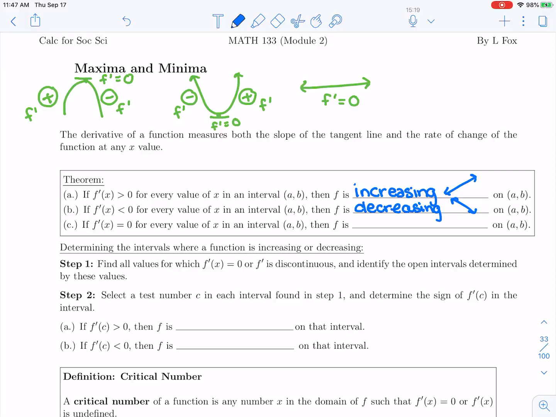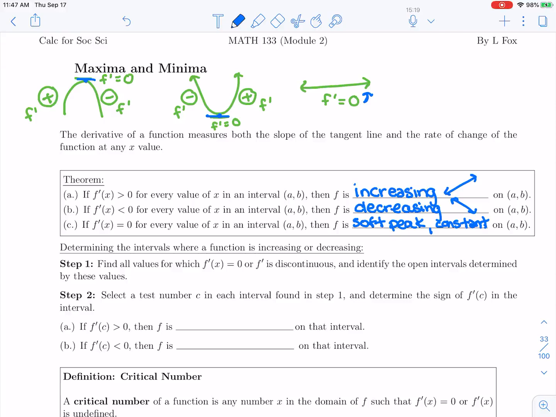The last option is if the slope is 0. Well, we just saw 3 different ways that 0 could look like. It could look like the top of a soft peak would have a derivative of 0, the bottom of a soft peak, or a flat line would have a derivative of 0. So if the derivative is 0, it could be a soft peak, it could be the top of a max or the bottom of a min, or it could just be constant.